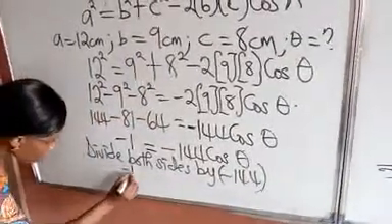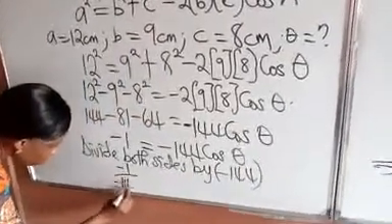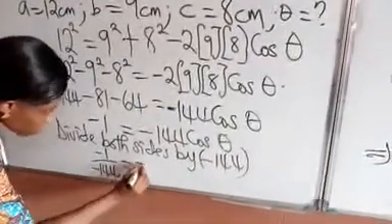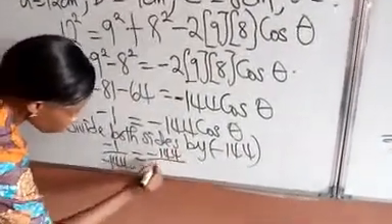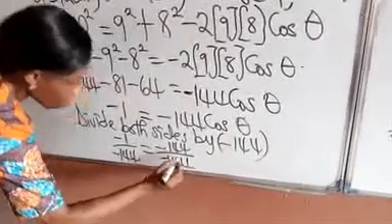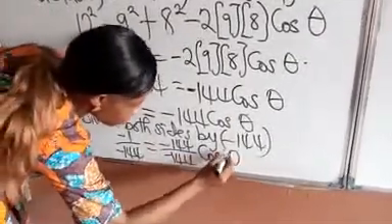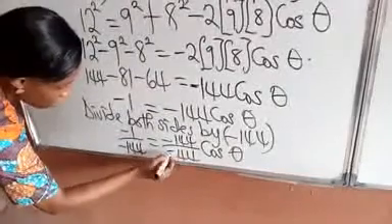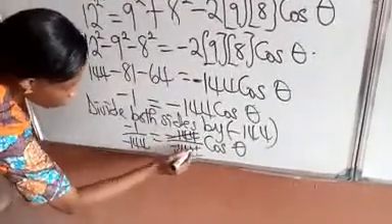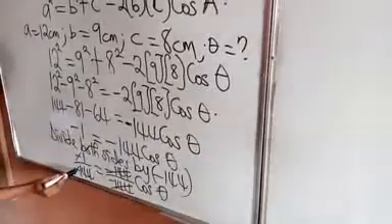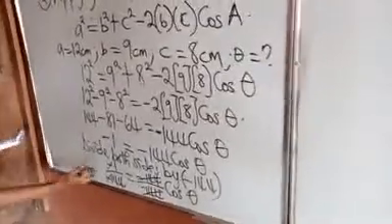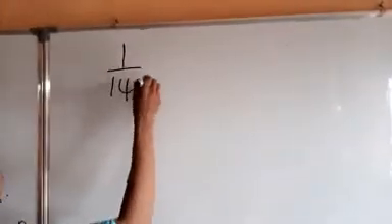So I have minus 1 divided by minus 144 is equal to minus 144 divided by minus 144 cosine theta. You observe that minus 144 will cancel minus 144. Minus divided by minus is plus. So we are left with 1 over 144 equal to cosine theta.